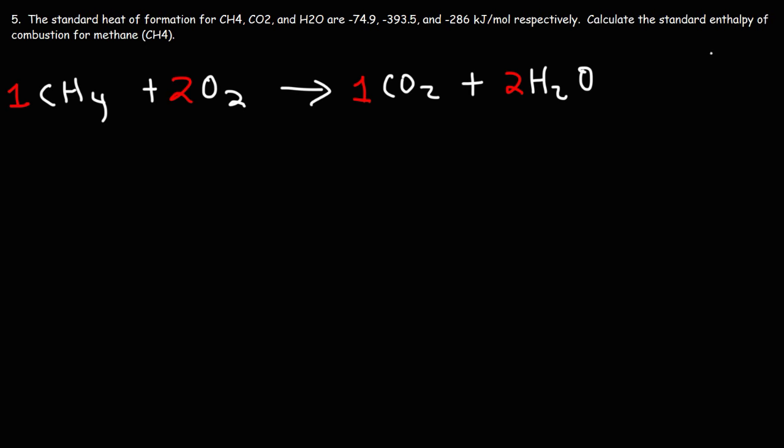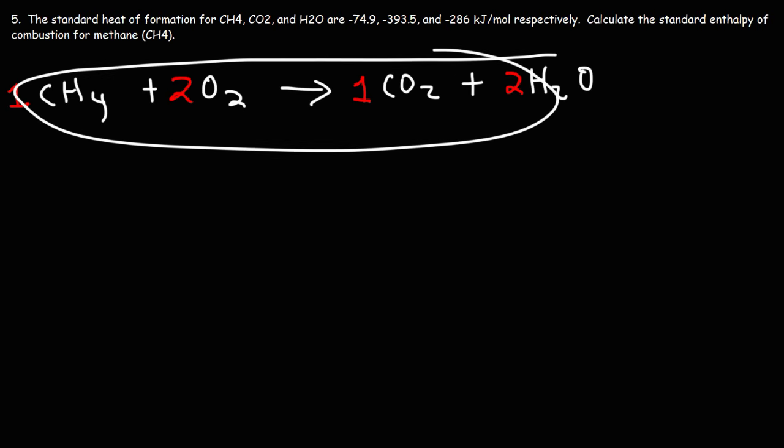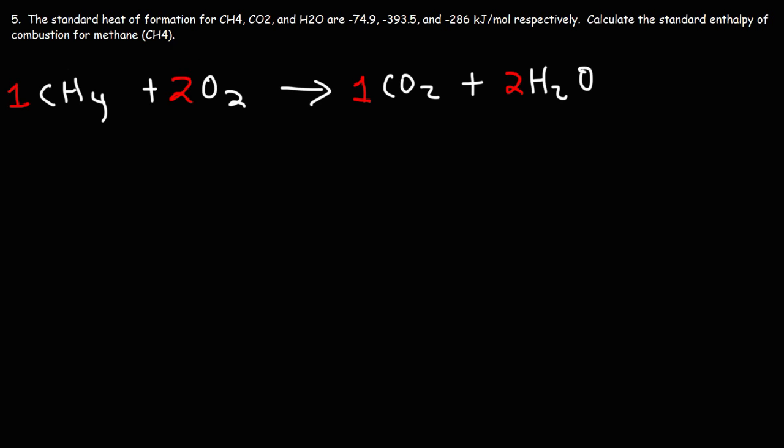So we need to calculate the energy value associated with this reaction, the enthalpy of combustion. Now to do so with the heat of formation, we could use this formula. By the way, the enthalpy of this reaction is the same as the enthalpy of combustion for methane, because this is the combustion reaction for methane.